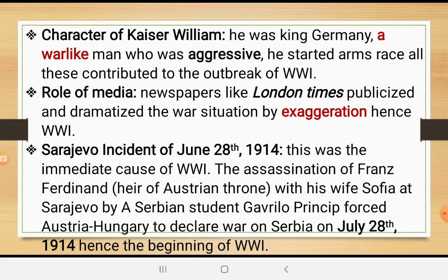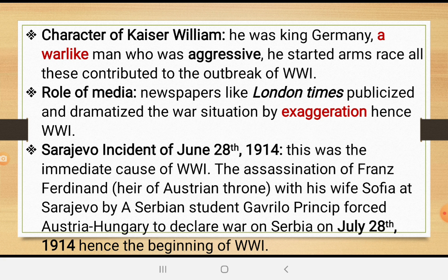Then we are going to discuss this point, the Sarajevo incident, as the immediate cause of First World War. The Sarajevo incident of June 28, 1914. This was the immediate cause, as I have been saying. This Sarajevo incident is when this Austrian heir, Franz Ferdinand, heir of the Austrian throne.